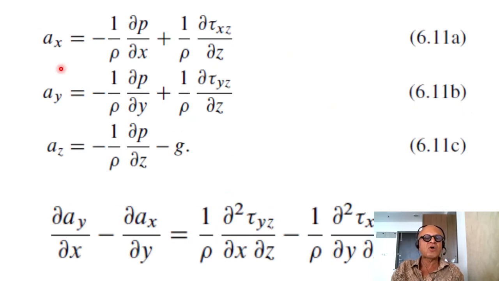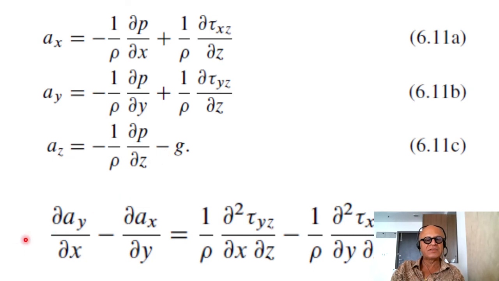So writing our real forcings Ax, Ay, and Az again, Ax is minus 1/rho dp/dx plus 1/rho d tau_xz/dz. Ay is minus 1/rho dp/dy plus 1/rho d tau_yz/dz, and Az is the hydrostatic balance.